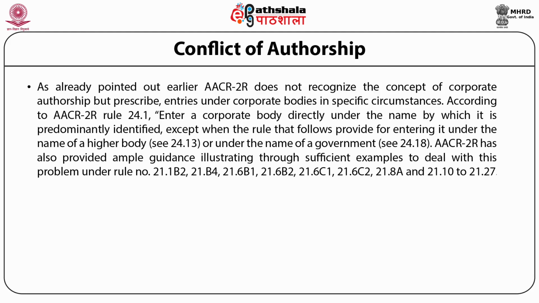According to AACR-2R rule number 24.1, enter a corporate body directly under the name by which it is predominantly identified, except when the rules that follow provide for entering it under the name of a higher body, see rule number 24.13, or under the name of a government, see rule number 24.18.